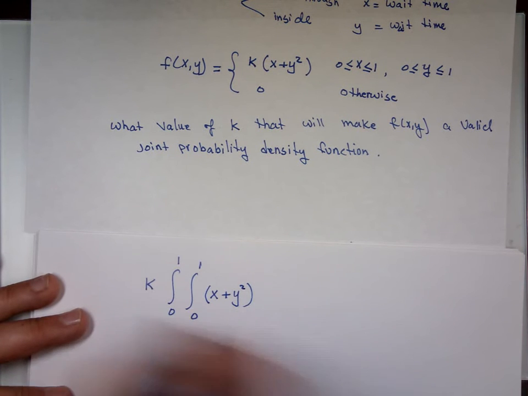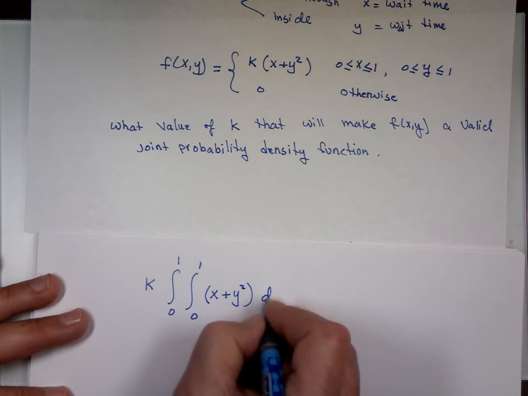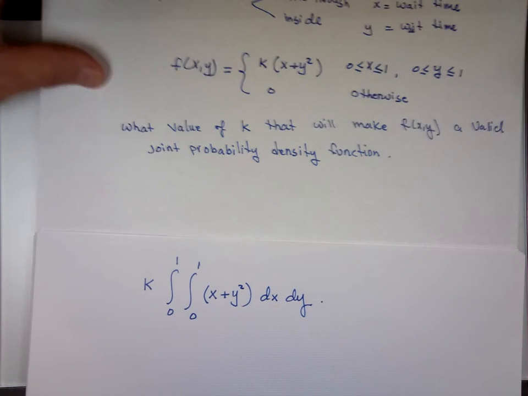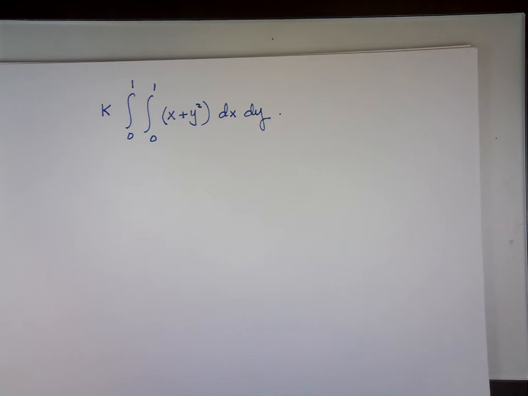I took the k outside because it's a constant, dx, dy. Now, if you remember your integration, when you integrate with respect to x, is that calc 3 here now? Double integral? So you hold y as a constant.